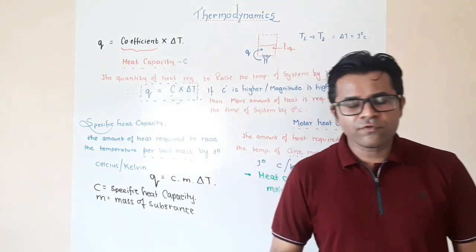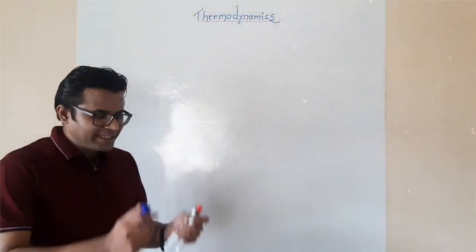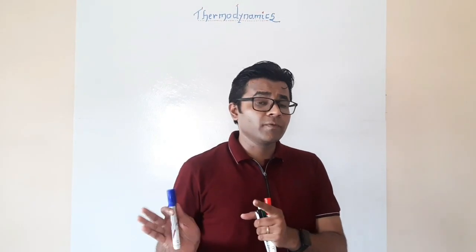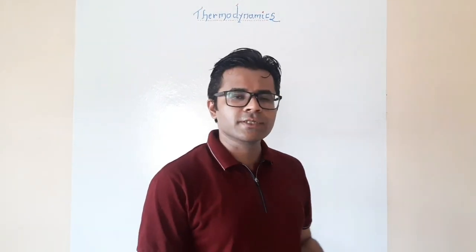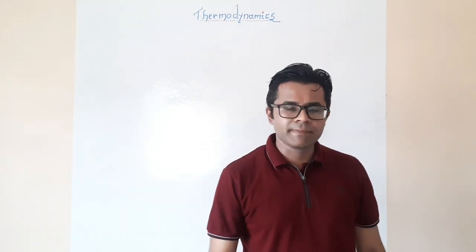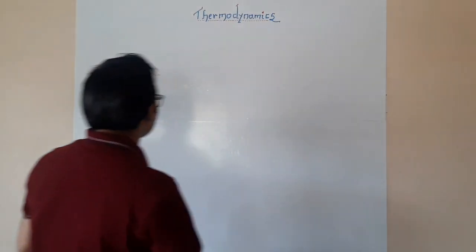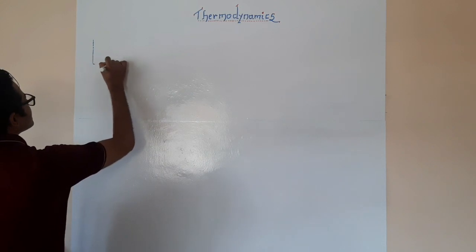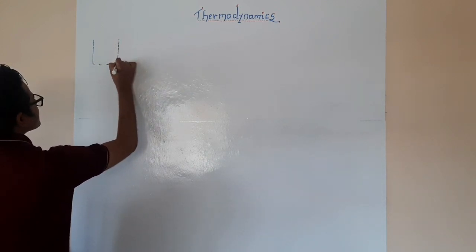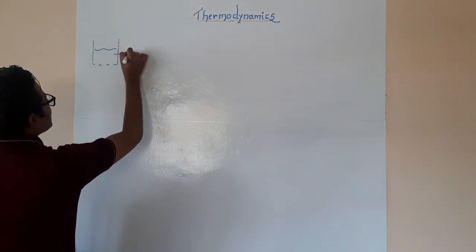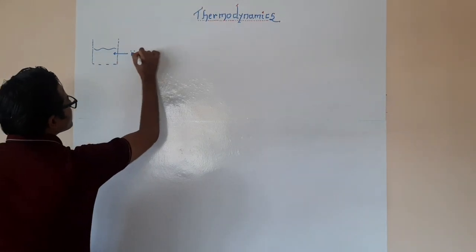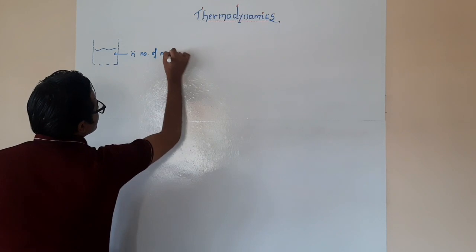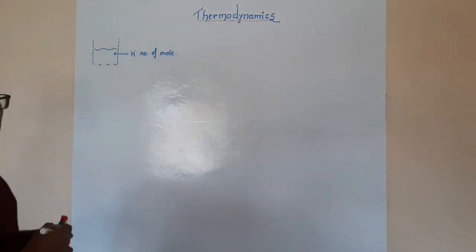So let us go further with the next point. For the final point, let us understand the relationship between the heat capacity of a system and the molar heat capacity. Let us say that we have a system, and this particular system has n number of moles.